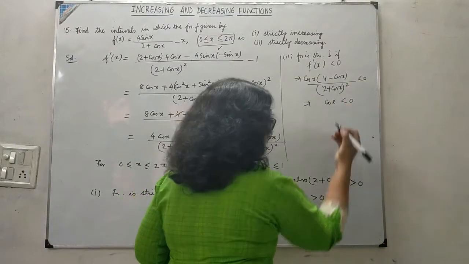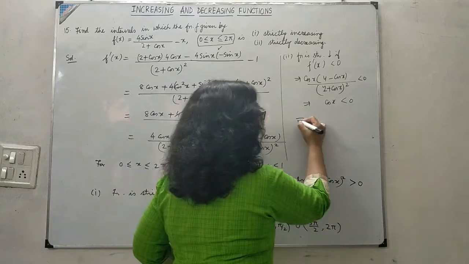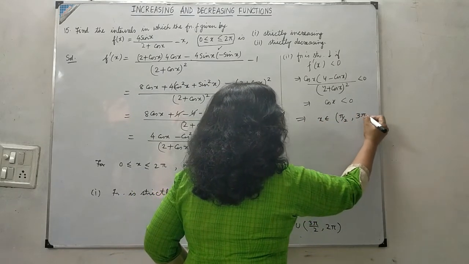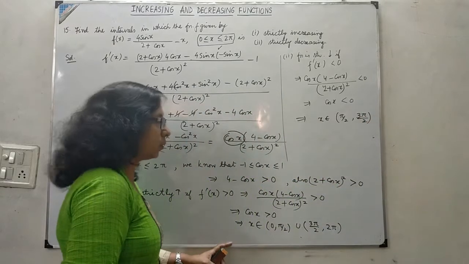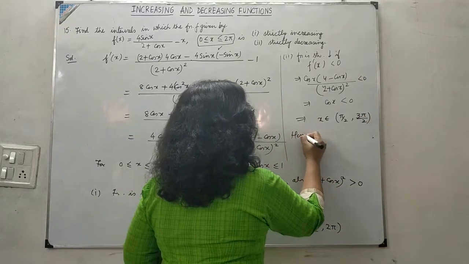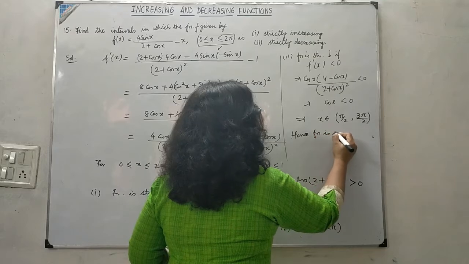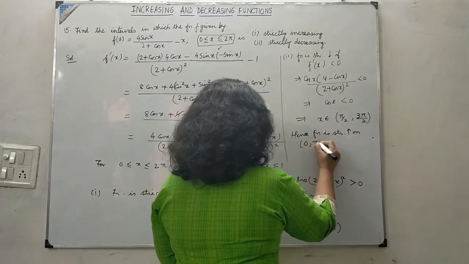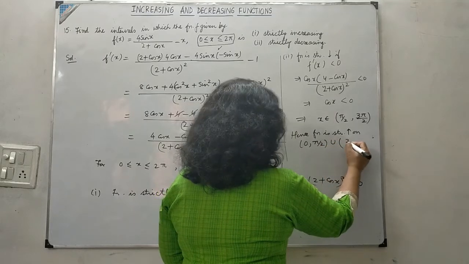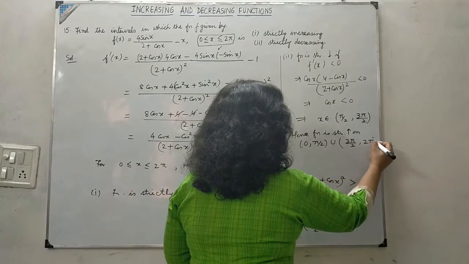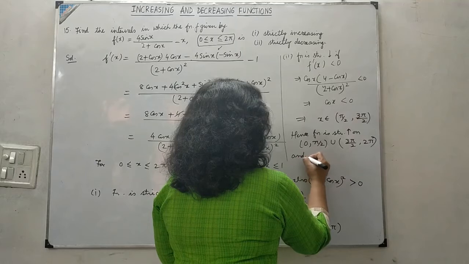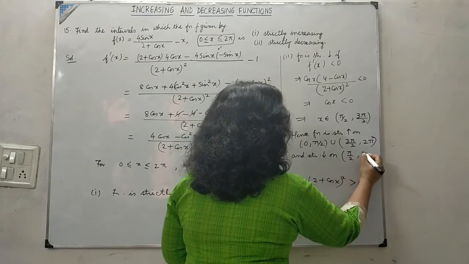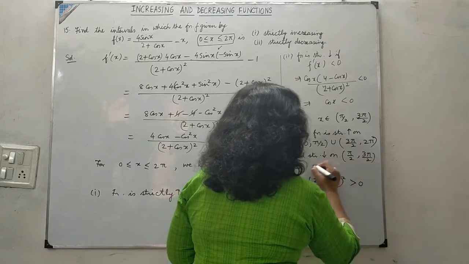From here, cos x is negative in the second and third quadrant. So x will belong to pi by 2 to 3 pi by 2. Second and third quadrant. Hence, we will conclude the function is strictly increasing on 0 to pi by 2 union 3 pi by 2 to 2 pi, and strictly decreasing on pi by 2 to 3 pi by 2.